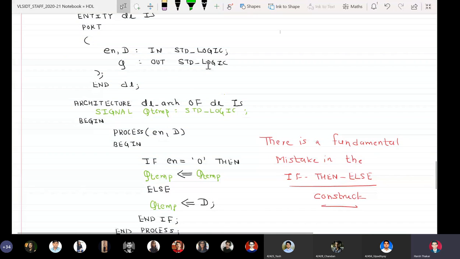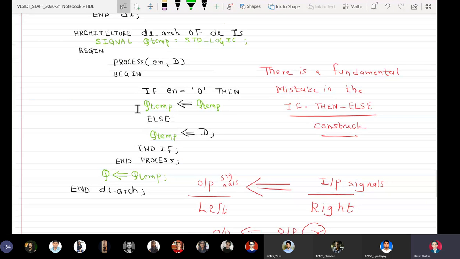So no change in case of sequential systems is written as dummy signal is assigned dummy signal itself. I have defined a dummy signal qtemp here. I have not defined it as input and output. That is why it is not bound by the rule that to the right and left of this assignment operator I have to write down output and input signals.